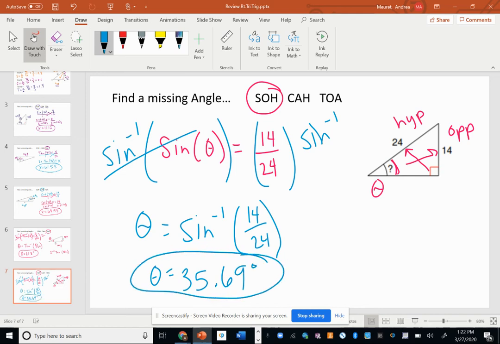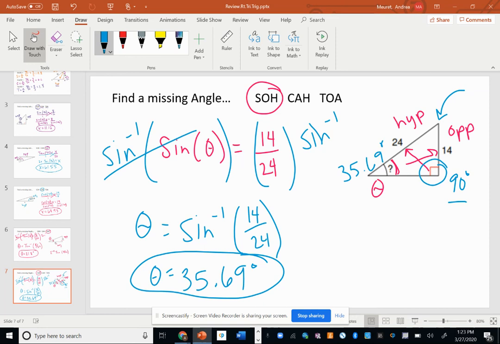Okay, and then just as a side note, let's remember that in a right triangle, and any triangle actually, the three angles add up to 180 degrees. Since the right angle is half of that, it's 90 degrees, and we know this one is about 35.69 degrees. You can always find that other angle by taking these away from 180. When you take the 90 away, you're left with 90.